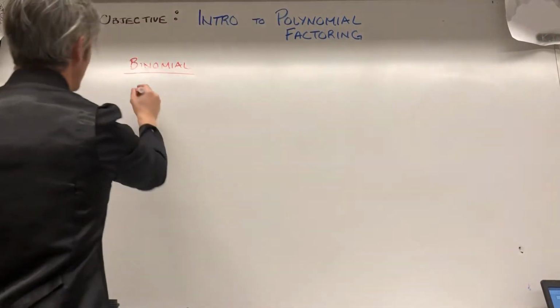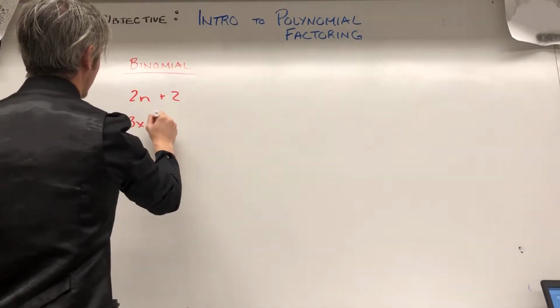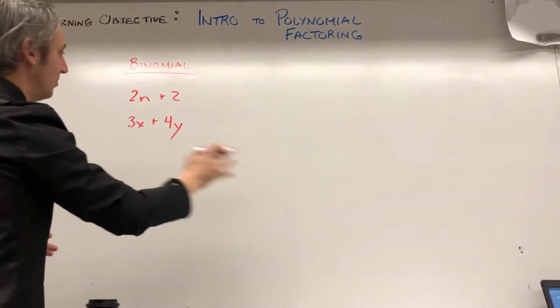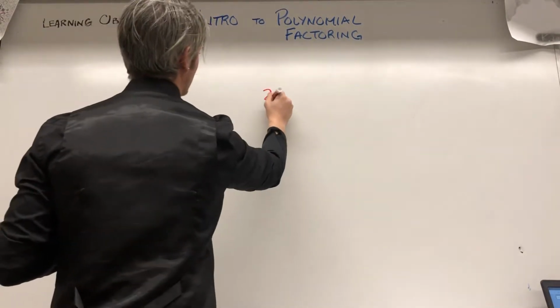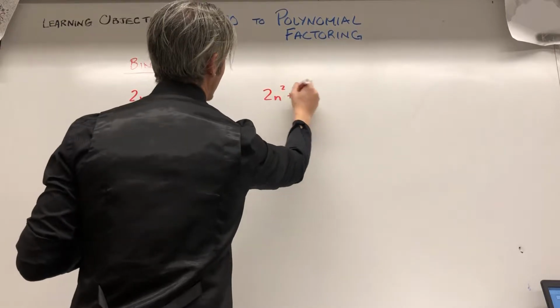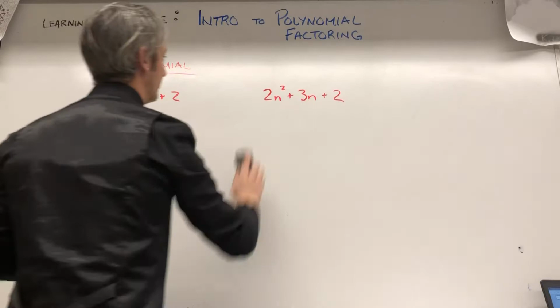So binomials are like 2n plus 2, or 3x plus 4y. These are all binomials, there's just 2 terms. A trinomial, with 3 terms, would be something like 2n squared plus 3n plus 2. We'll start with binomials.